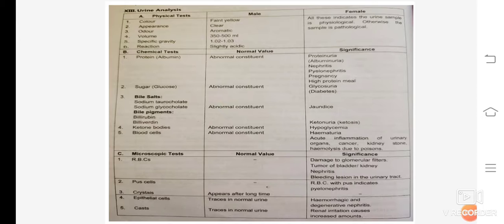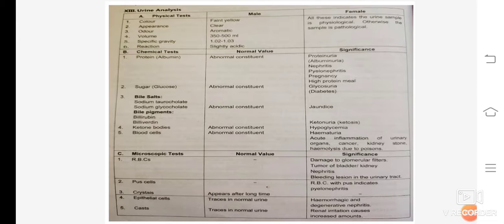In the blood cells count, the abnormal constituent is hematuria: acute inflammation of urinary organs, cancer, kidney stone, hemolysis due to poisons. Then the third one is the microscopic test. In that: RBCs, pus cells, cysts, epithelial cells and casts.